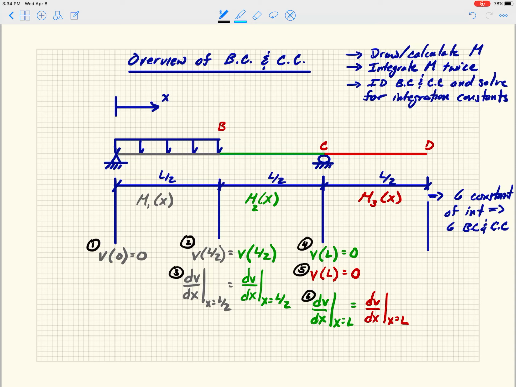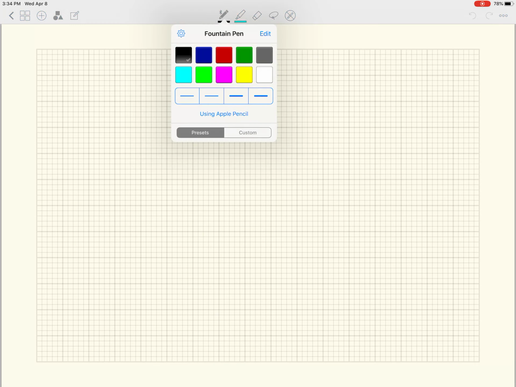So let me move on to the second example here, right? So let me do this again. We'll do this in blue. So this one looks somewhat similar, like that. So now this becomes a hinge, right?